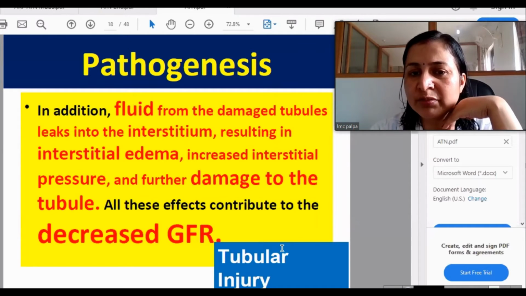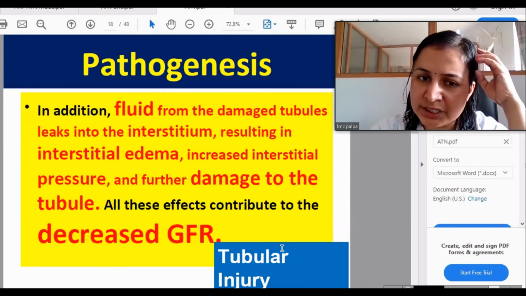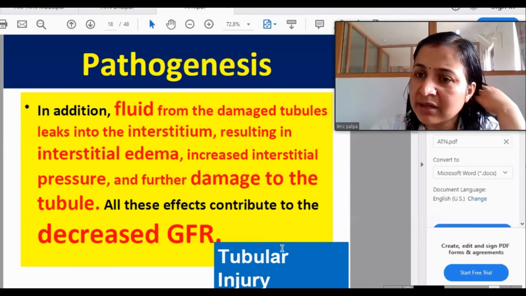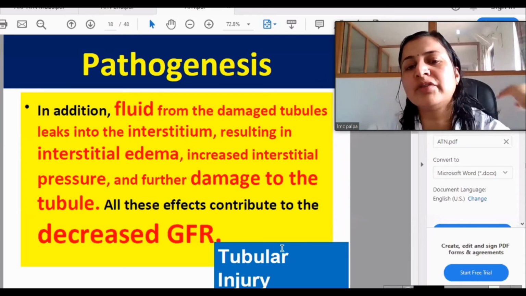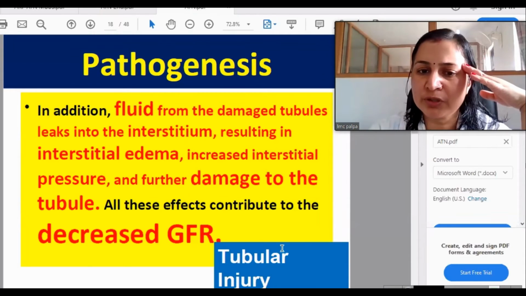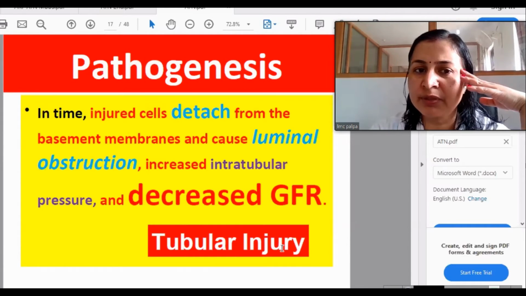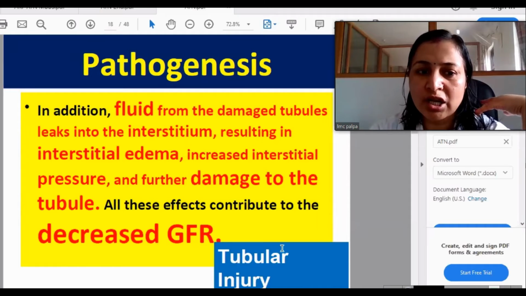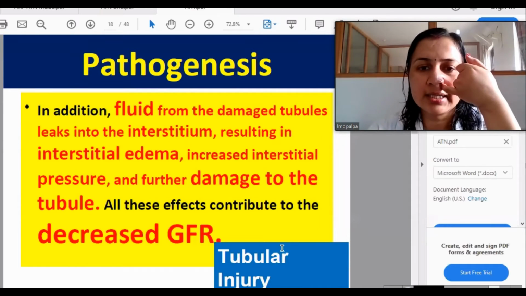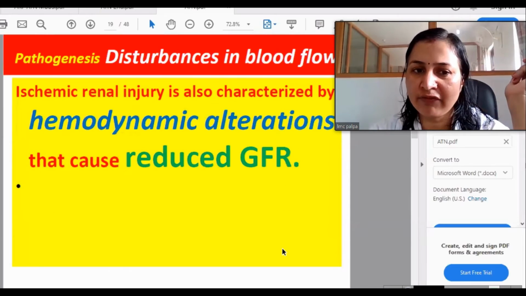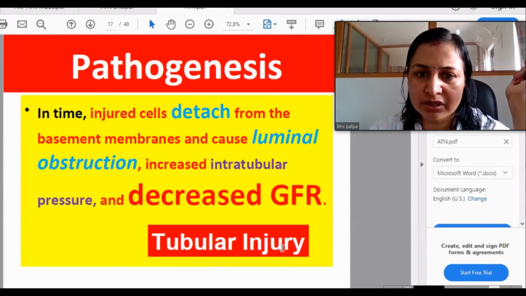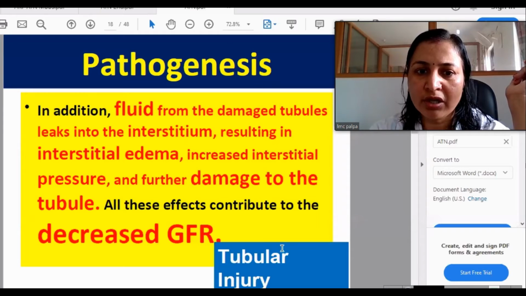So overall there will be interstitial edema, increased interstitial pressure, and in a vicious cycle there will be further damage to the tubule. All these things, whether it is increasing intraluminal pressure because of detachment of the injured cells, or interstitial edema, both are causing a decrease in GFR, either by increasing the intratubular pressure or by directly damaging the tubule.